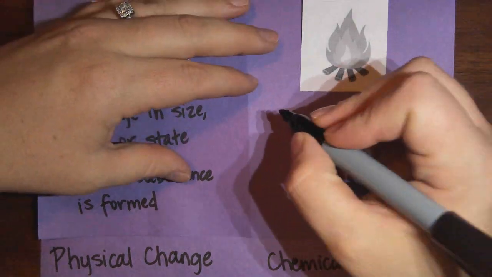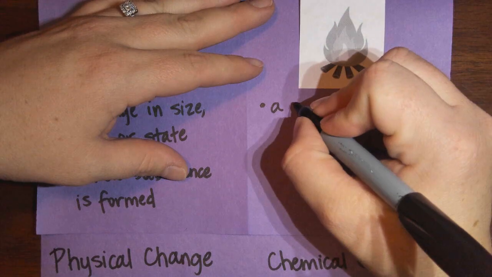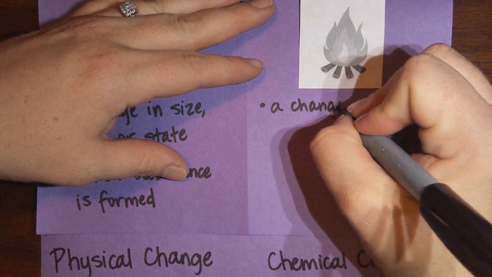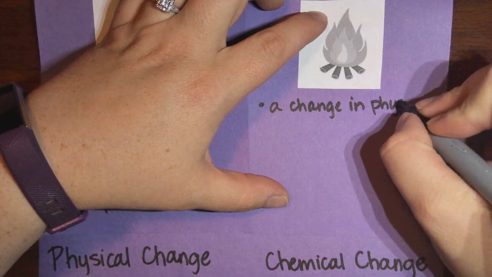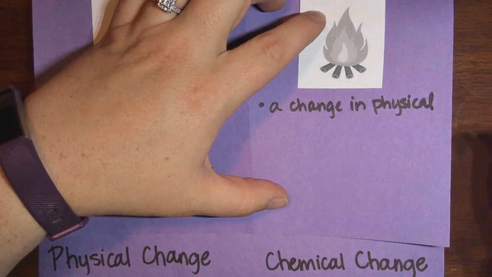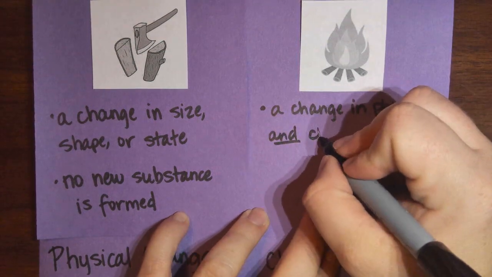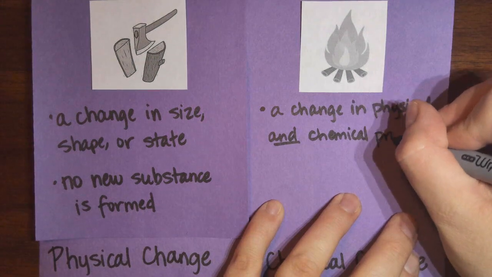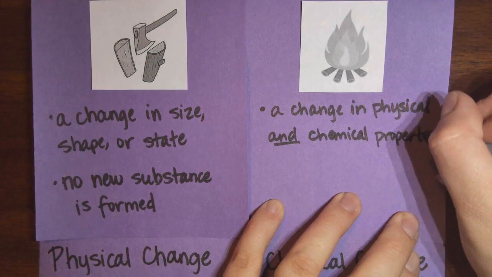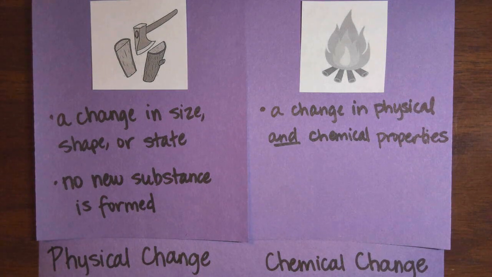We're going to say that a chemical change is a change in physical and chemical properties. So before, with the physical change, that was just the physical properties, and now we have both.